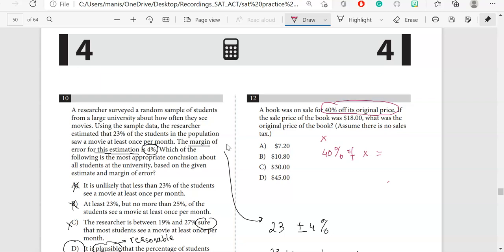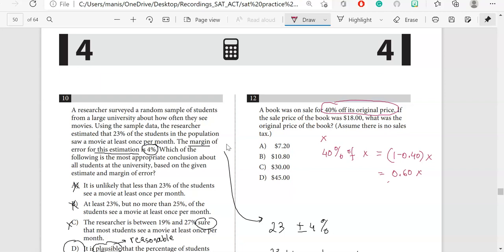It will be 1 minus 0.40 of X. So what happens over here is it will be 0.60x.